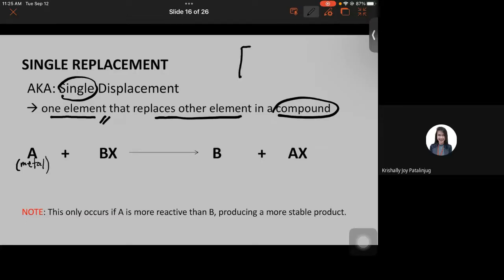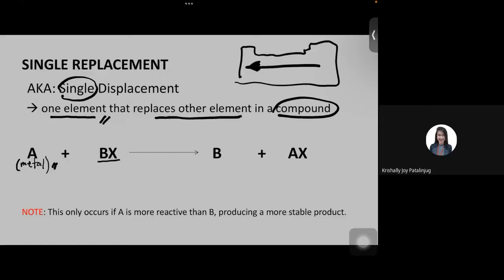In the periodic table, those elements on the leftmost part of the periodic table, those are metal. So in a single replacement, possible that a metal could be the single element in the chemical reaction or on the reactant side. So if this is a metal as the single element, what it replaces in an ionic compound is, of course, the metal portion.